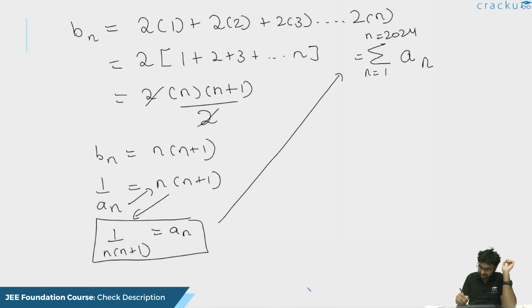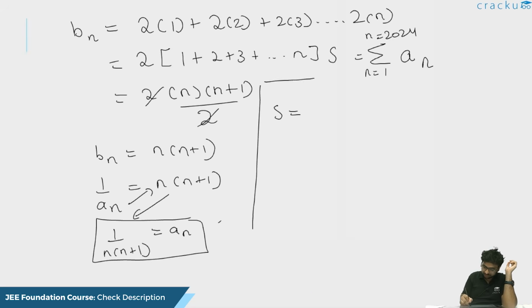So the sum S will be equal to A1 plus A2 plus A3 up till A2024.